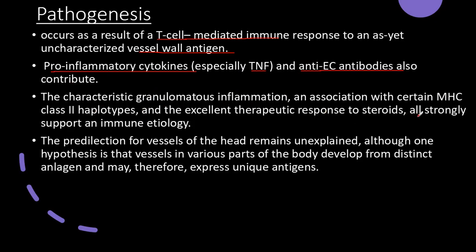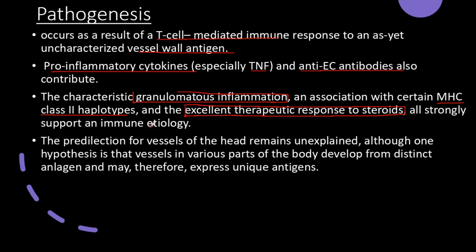Why do we say that it is immune mediated? Because there is a characteristic granulomatous inflammation, okay? Then it is associated with certain major histocompatibility complex class 2 haplotypes, MHC class 2 haplotypes, and has an excellent therapeutic response to steroids, the immunosuppressant.